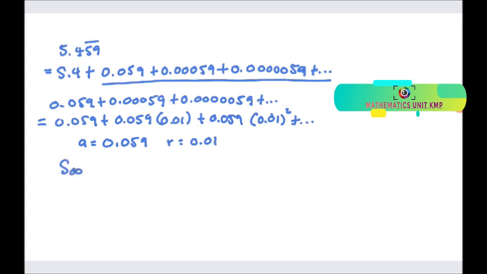So the sum to infinity is equal to 0.059 over 1 minus 0.01.